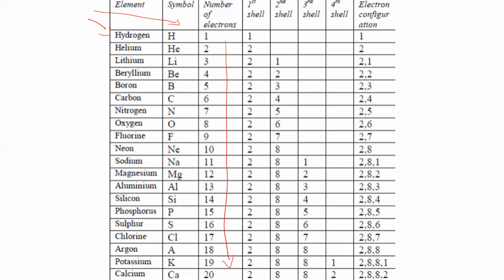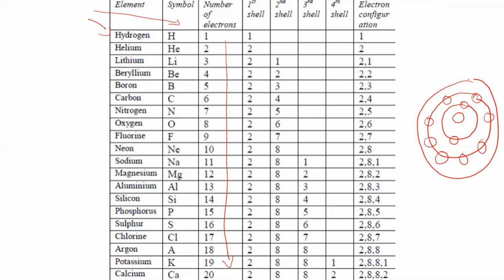Now I want you to keep in mind that in the first shell, we can only have 2 electrons, then 8, and then by the 2n square rule, we go with 16, but we will be filling 8.